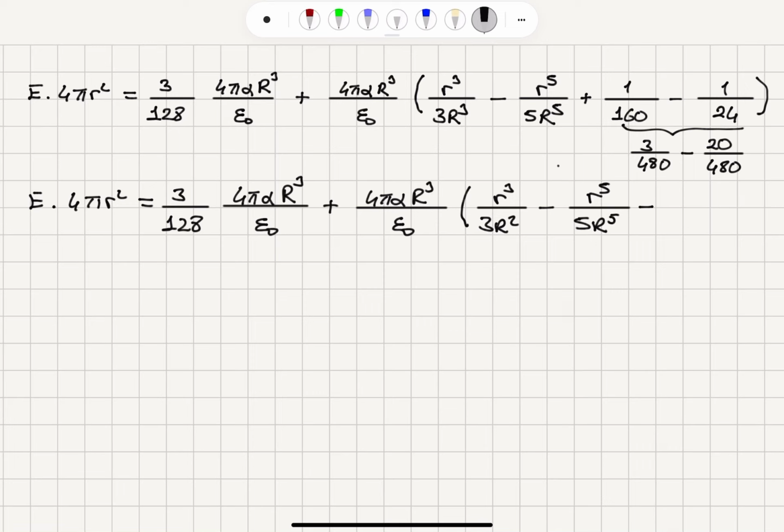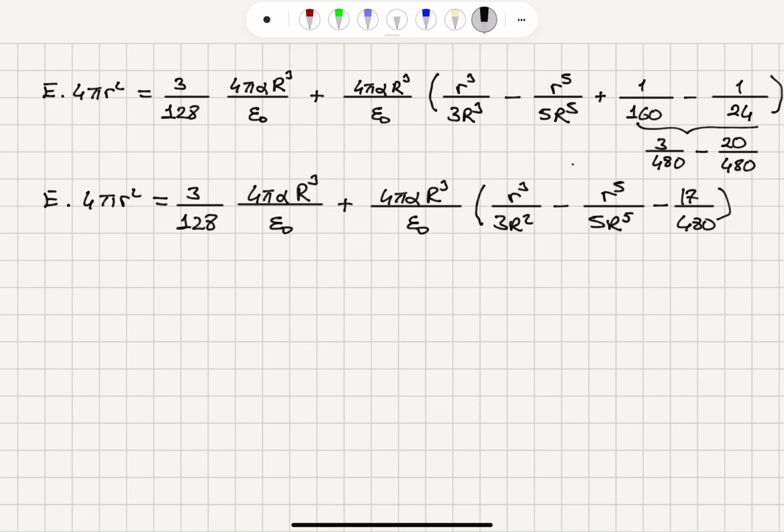So minus 17 over 480. All right. And now I put all of this in 4 pi alpha capital R cube over epsilon 0 parentheses.